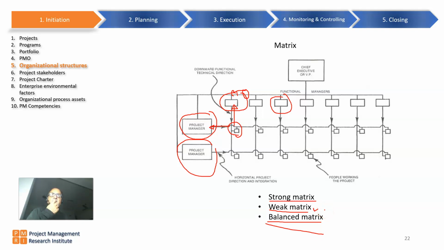Most of the product companies which need cross-functional skill sets, you will see a matrix organization structure. And depending on who is powerful and who is powerless, relatively, it can be a strong matrix, weak matrix, or a balanced matrix.